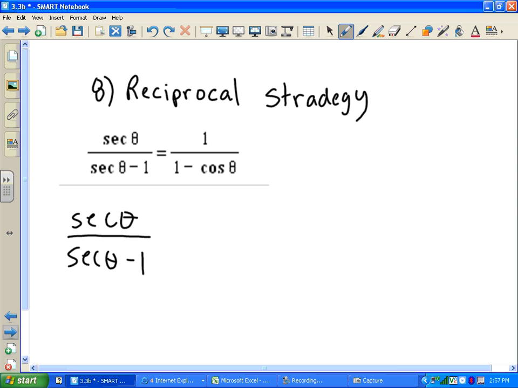So the reciprocal idea here is this would be 1 over the reciprocal of this value. So this would be 1 over, and then on the bottom here would be secant theta minus 1 over secant theta. Okay?